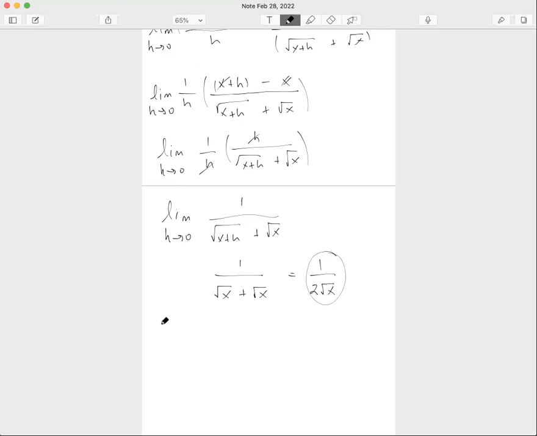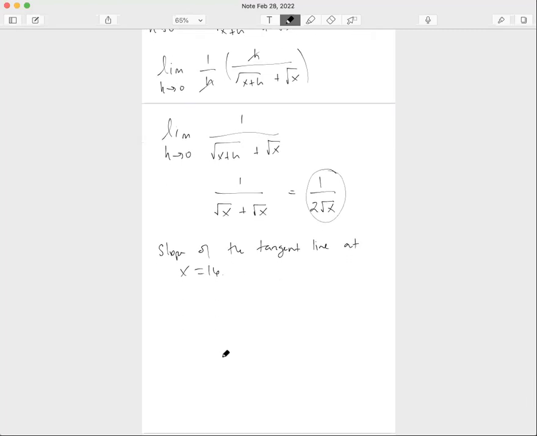So let's do an example. The slope of the tangent line at, let's say, x equals 16. What would you tell me? I think we did this one last time, right? That's 1 over 2 radical 16, which is 1 over 2 times 4, equal to 1 over 8.